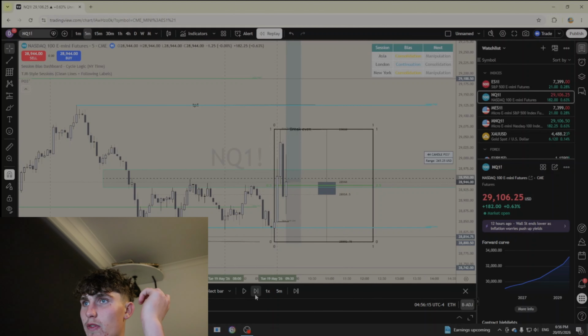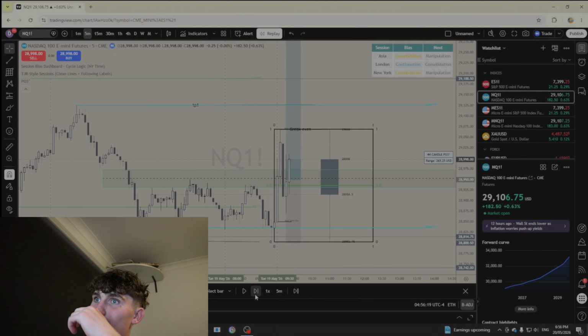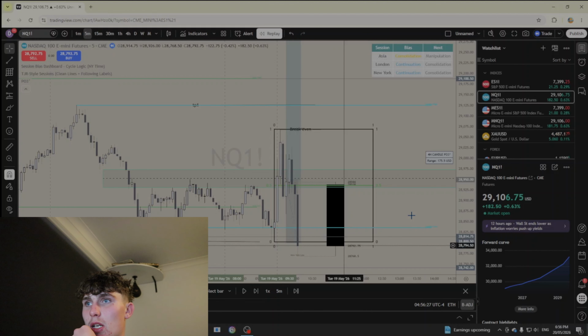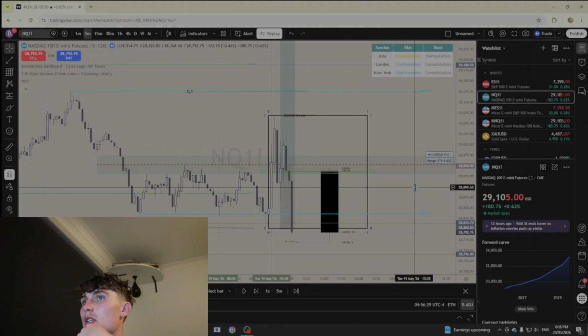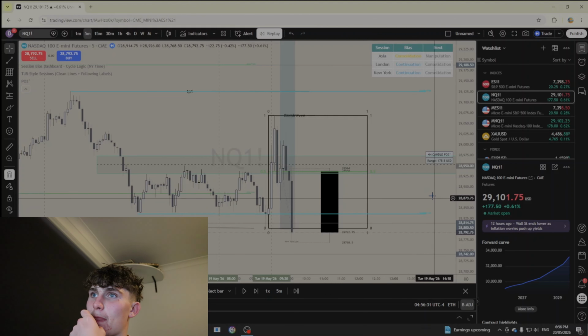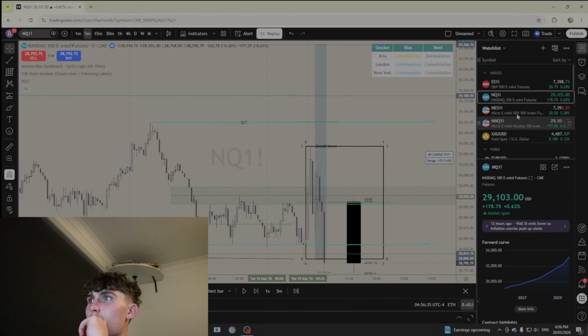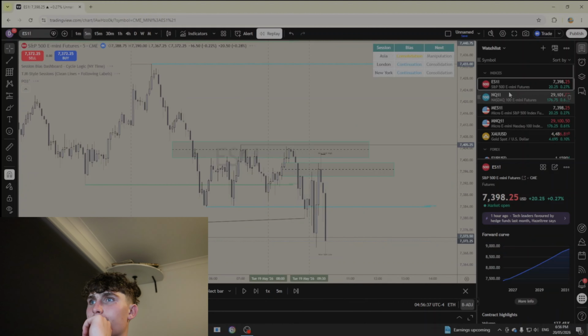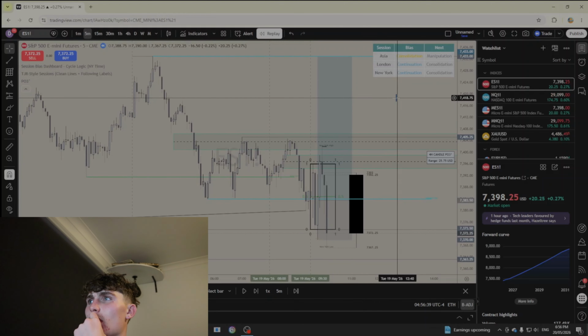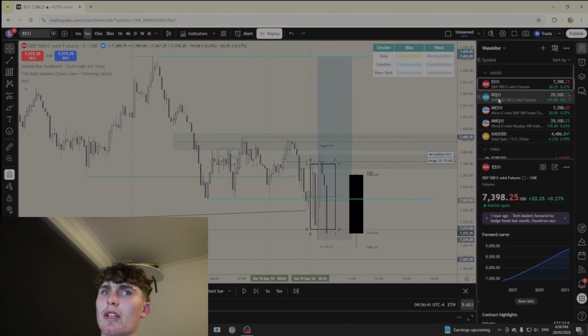Bit of a weird moving day this was. Right here I went to bed and I was like, oh, we're locked. And then we just opened that new 4-hour candle and just got absolutely cooked. Now you could see the argument for the short here, but there was never really a high draw on liquidity that was swept out.